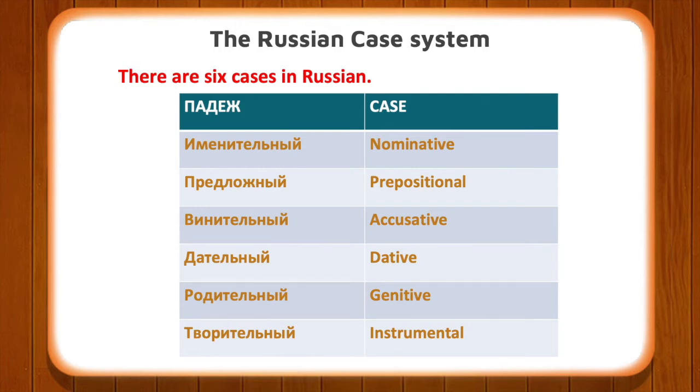As you know, the subject is the doer of an action, so the subject is always in the nominative case. The object on whom the action is done by the doer can be direct or indirect, and an indirect object is used with or without a preposition. Let's see what the cases are.